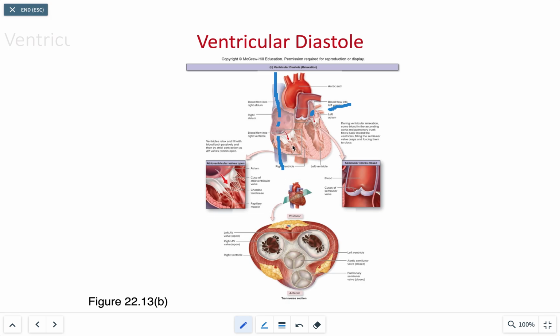We're going to see the opposite effect: the tricuspid valve on the right side is open, the mitral valve on the left side is open, so blood can travel across into the ventricles. And we see the pulmonic and the aortic valves closed, as this is illustrating.